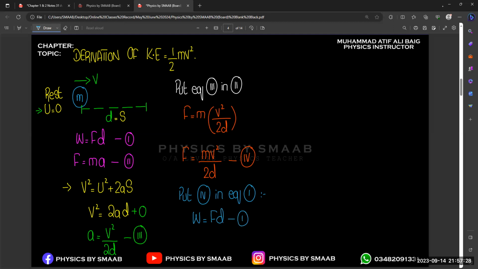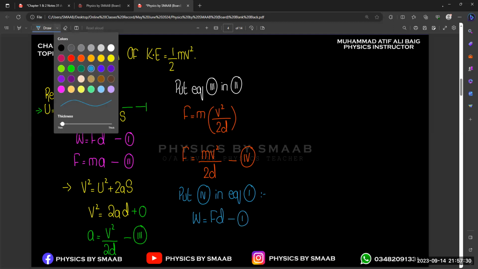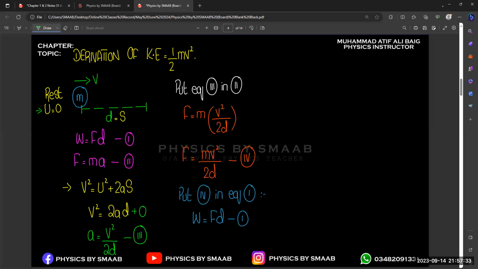Equation number 2 is F equals mass multiplied by acceleration, so F equals mass multiplied by v squared divided by 2d. Then we substitute equation 4 in equation 1, where W is equal to Fd.